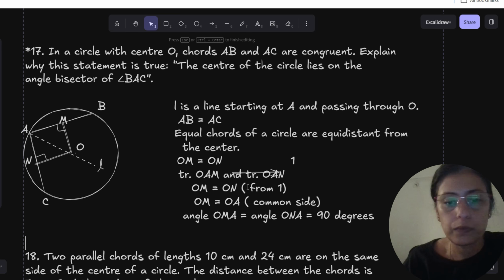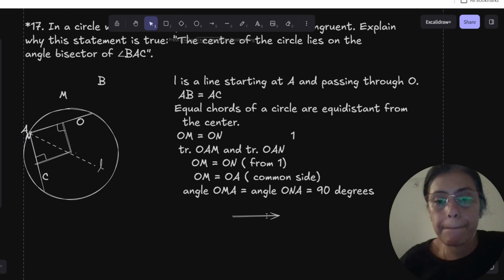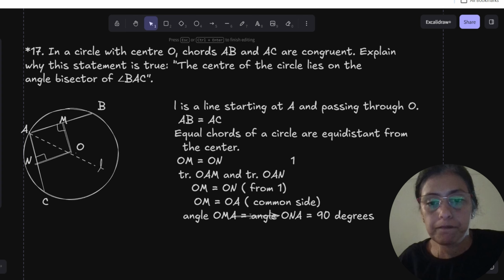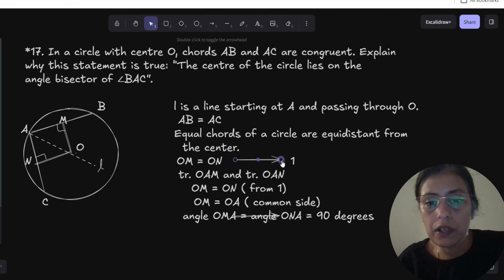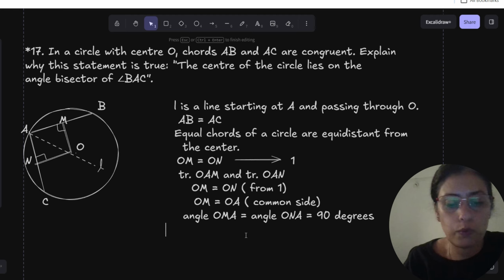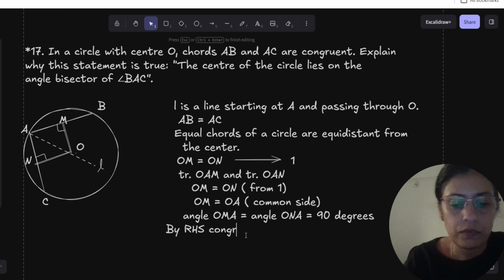So we can say right angle hypotenuse side congruency.